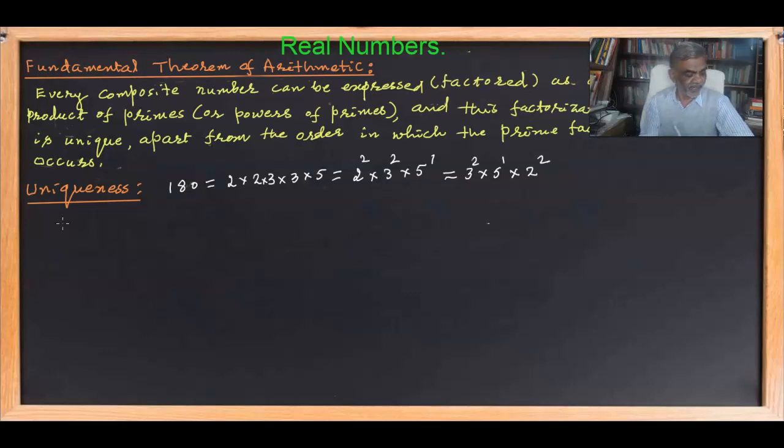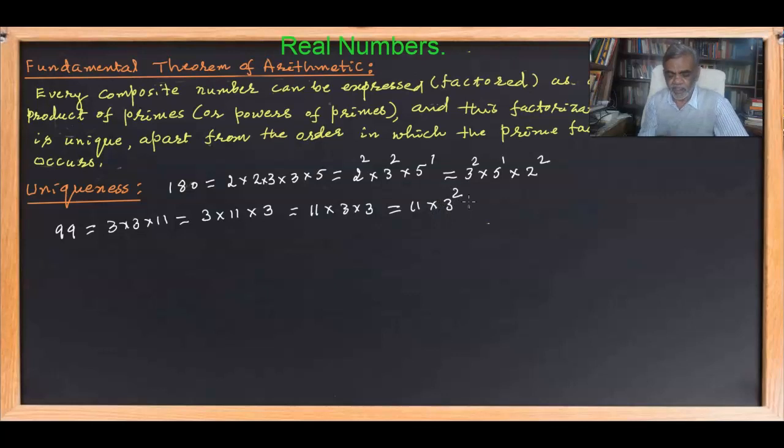And the second example I can write down here: 99 equal to 3 into 3 into 11, which I can write as 3 into 11 into 3, and again 11 into 3 into 3, that is 11 into 3 raised to 2.